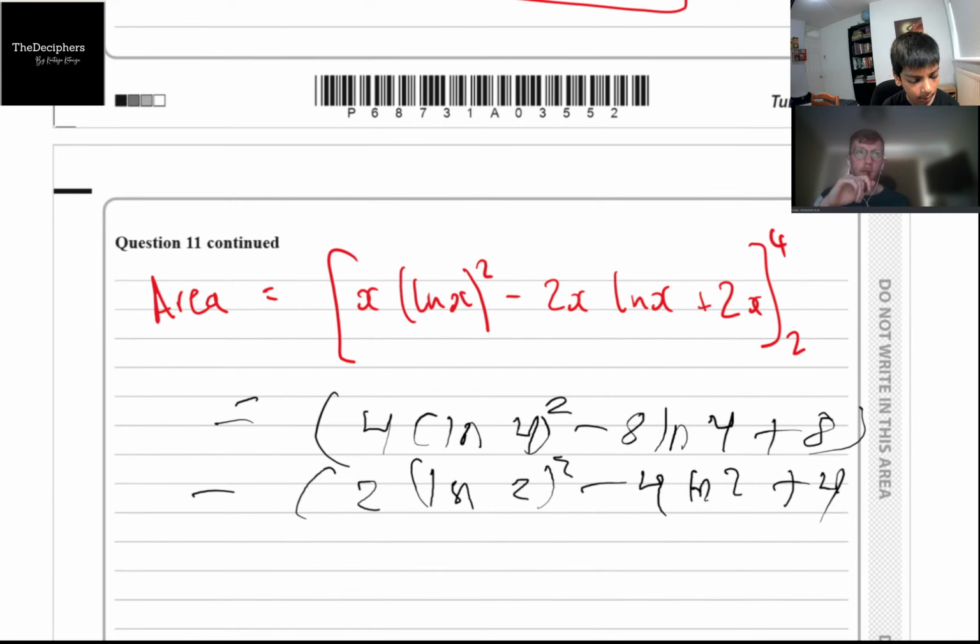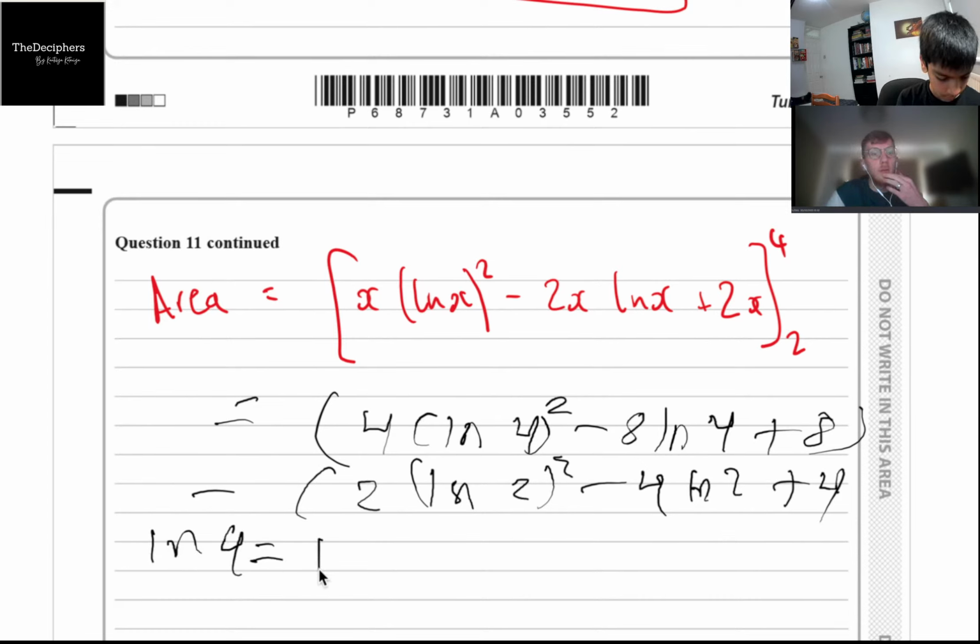So we know that ln 4 is ln of 2 squared. Good. And then that's the same as 2 ln 2. Brilliant, so we can make everything in terms of ln 2.